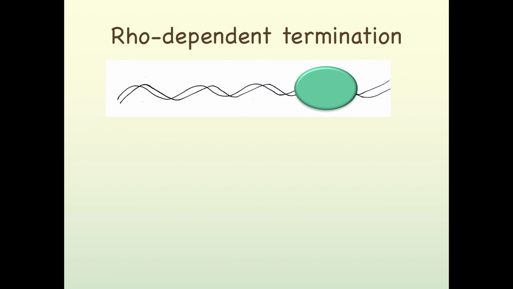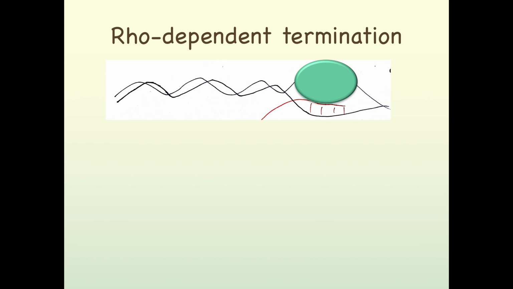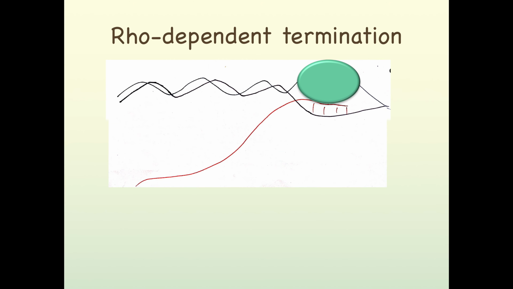And once it initiates transcription successfully and is able to begin synthesizing RNA, eventually the RNA chain, if there's a sequence, and we're going to call this, let's get our little pen out, we're going to call this RUT, which stands for Rho utilization element. This sequence is recognized by the hexamer protein, Rho.